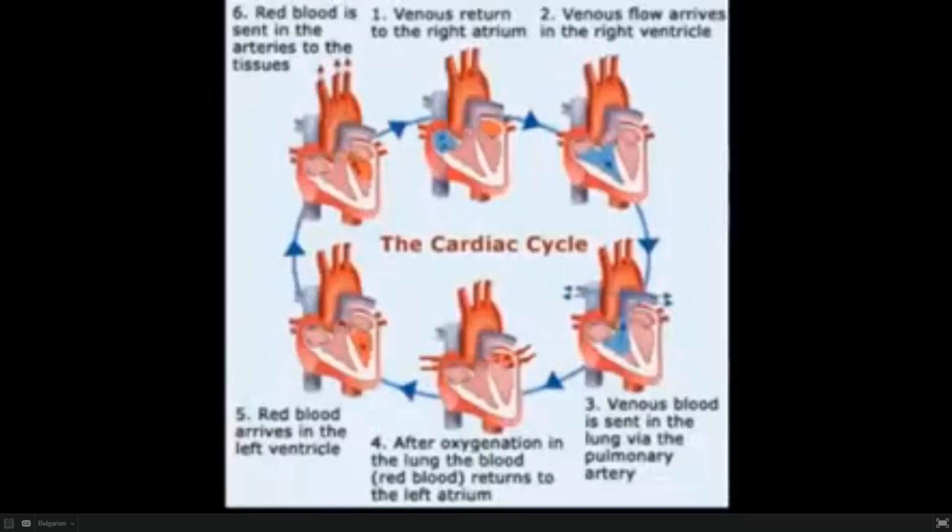This is the cardiac cycle explained in an easy way.